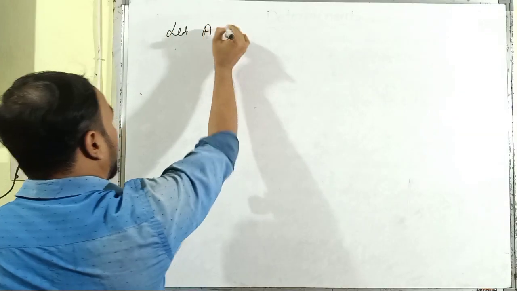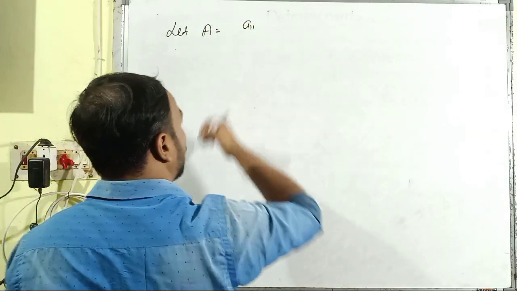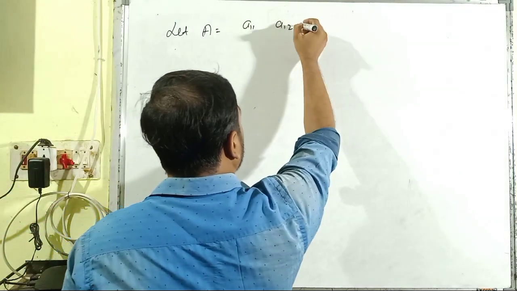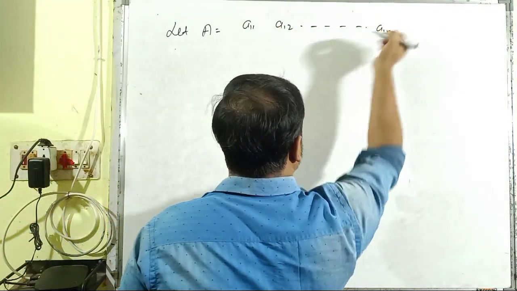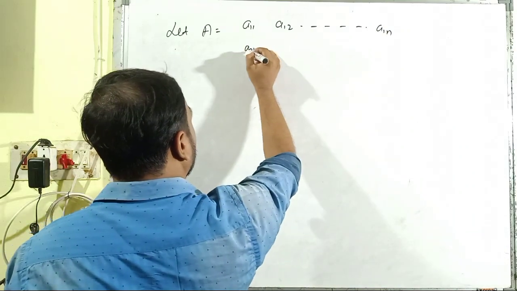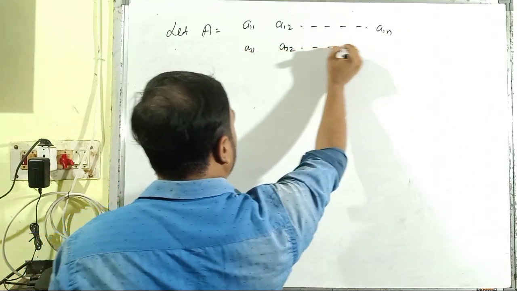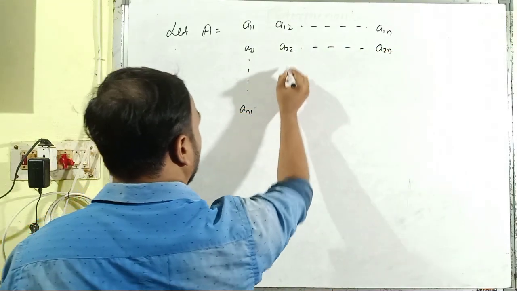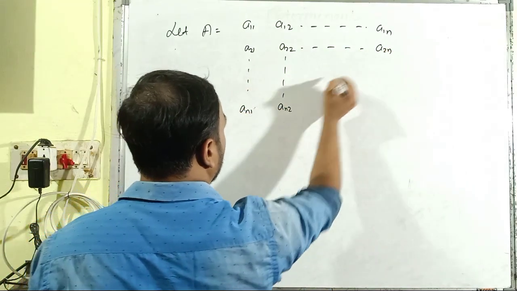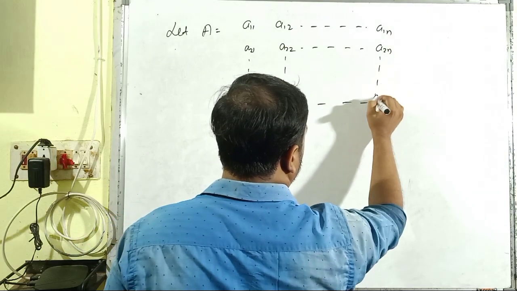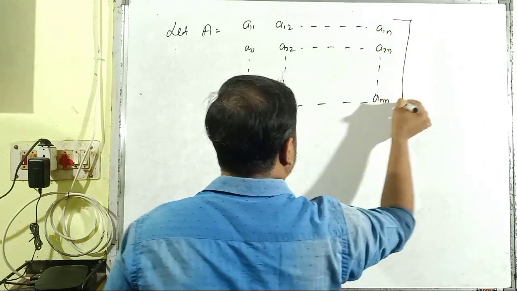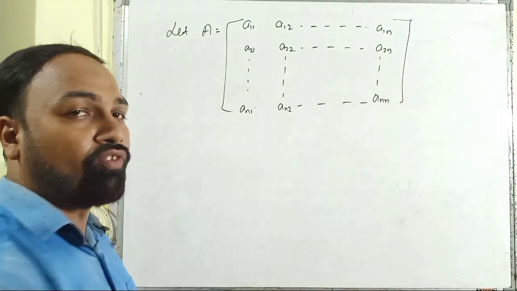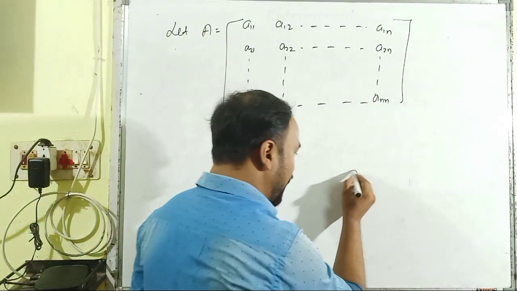Let A be a square matrix of order n: A11, A12, A1n, then A21, A22, A2n, then An1, An2, and here you can see that this is a matrix of order n because the last element's position is nn.